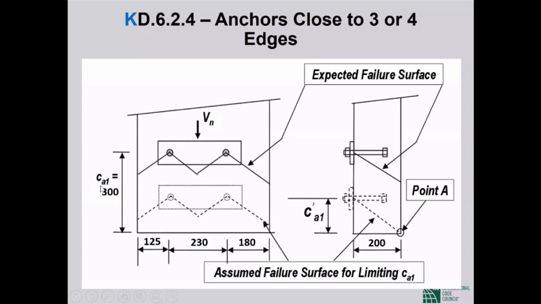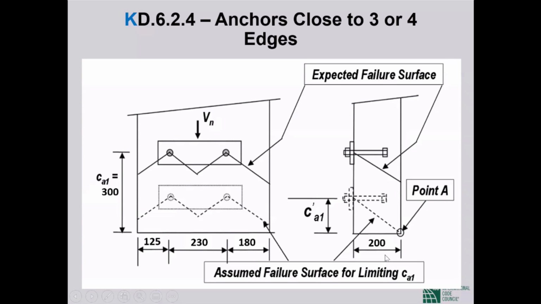The perpendicular edge distances are what we need to look at: 125, 180, and 200, the depth of the concrete. That is also an edge distance now. So we have an edge distance in the direction of shear of 300 millimeters, and we have 3 perpendicular edge distances of 125 millimeters, 180, 200. The spacing between anchors is 230.